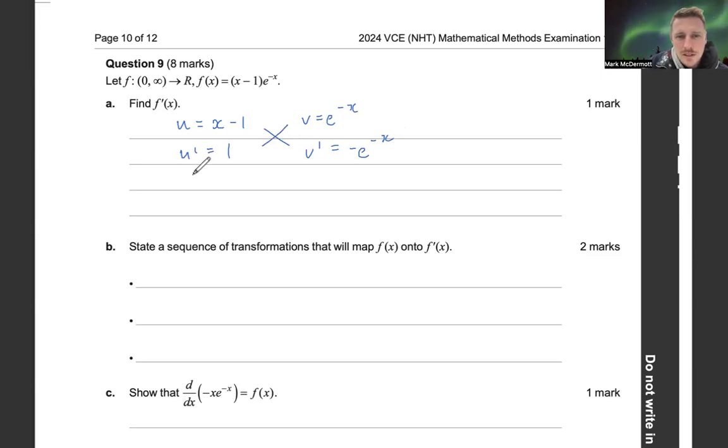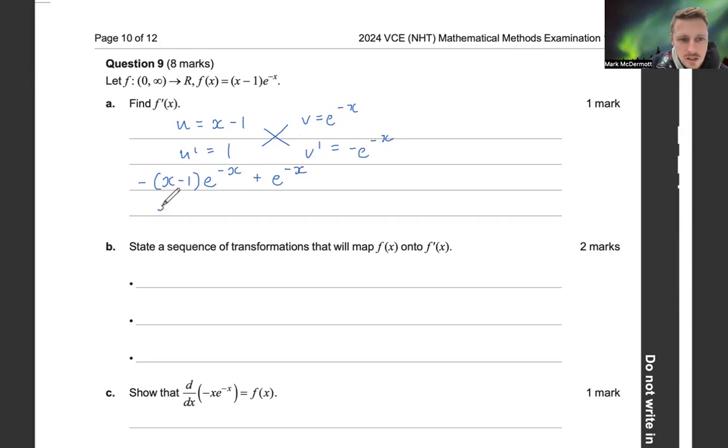So you're going to get x times 1, x minus 1. If I take the negative from here, I'm going to get e to the negative x plus e to the negative x. And what will we be left with? We might be able to take a factor out there.